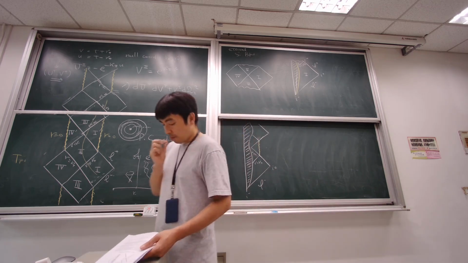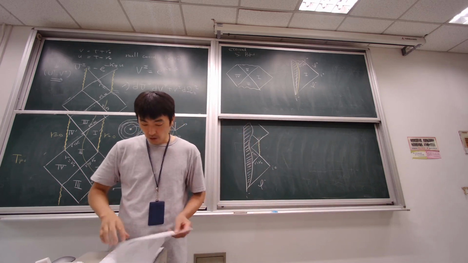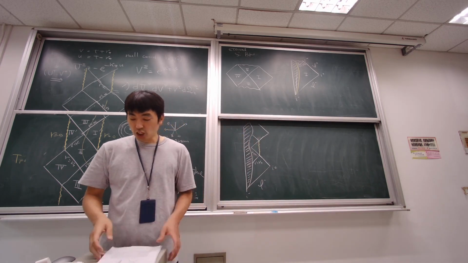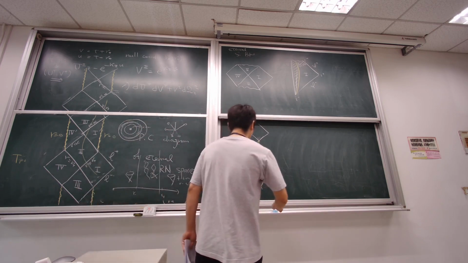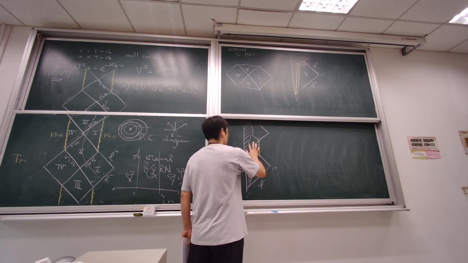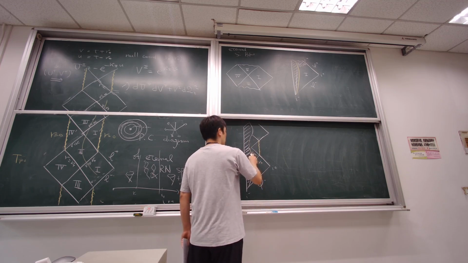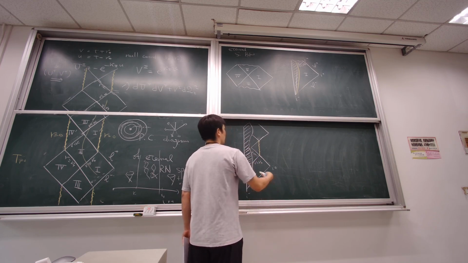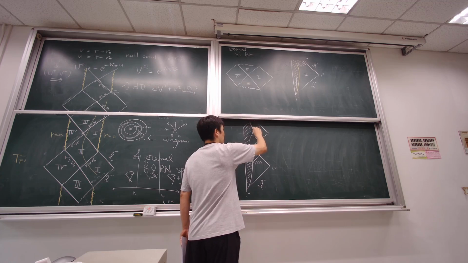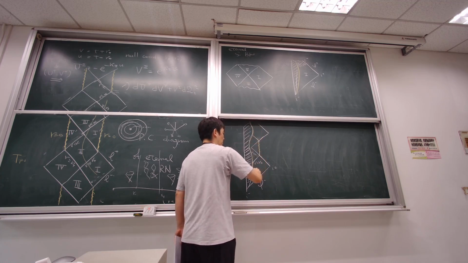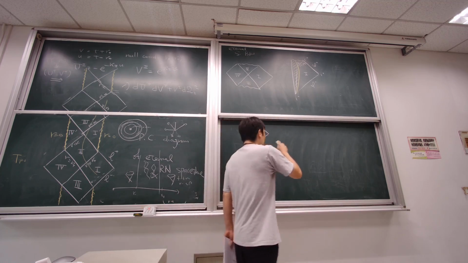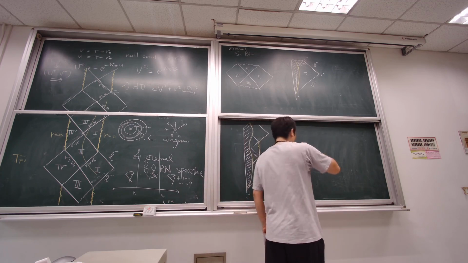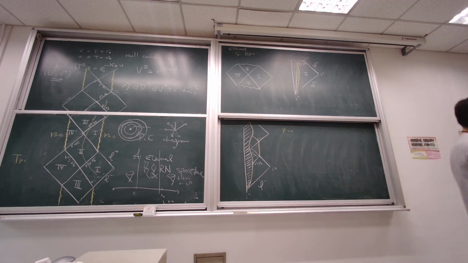So we can make a rough estimate of what's going to happen on the surface of a star. On the surface of a star we can consider pressure equal to 0. So you can consider some kind of free fall of a charged object.